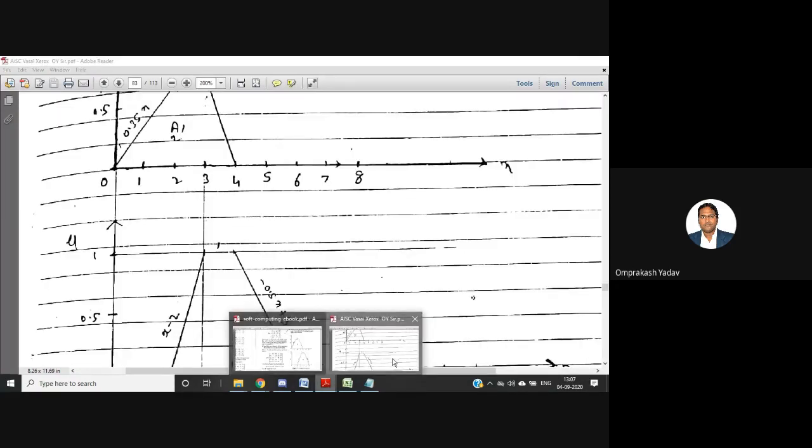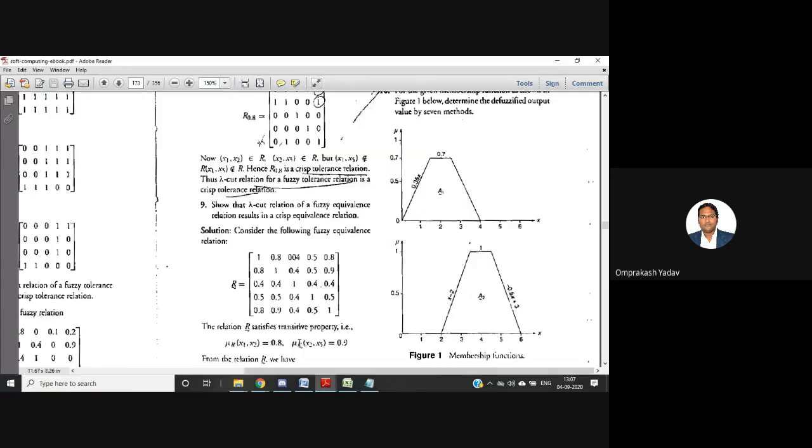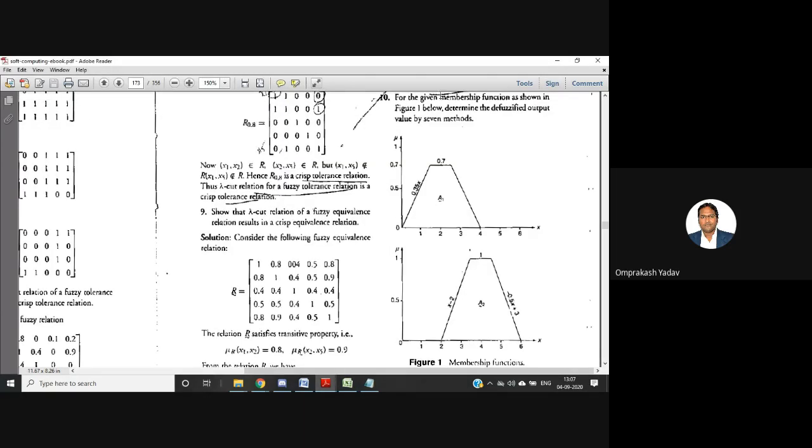In the question paper, the questions will be like this: for the given membership function as shown in the figure below, determine the defuzzified output value by, it's saying 7 methods.